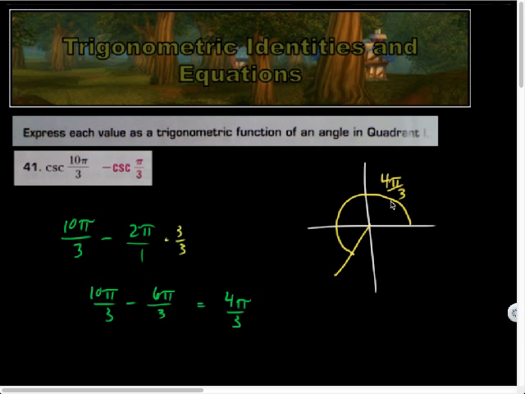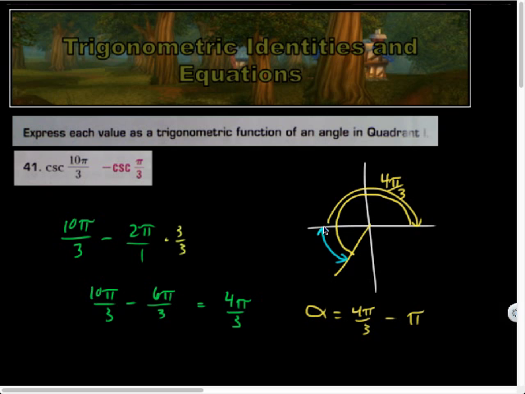And if I want to find the reference angle, that's going to be this angle here. So how could I find that reference angle? Well, that reference angle, if we call it alpha, would equal 4 pi over 3 minus what? 3 pi over 3, or a single pi, right?